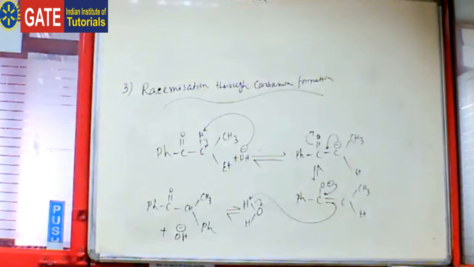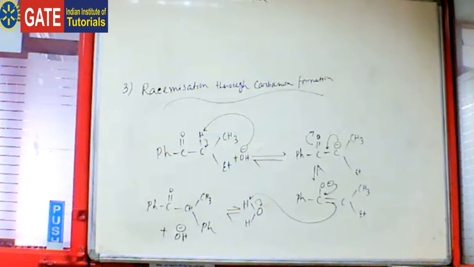This molecule undergoes racemization in the presence of a base. Suppose you provide sodium hydroxide in ethanol. This is a chiral carbon. I have not shown it in R and S way, but you can understand that it can be R, it can be S. If you provide the base, it will change because of the formation of keto-enol tautomerism.